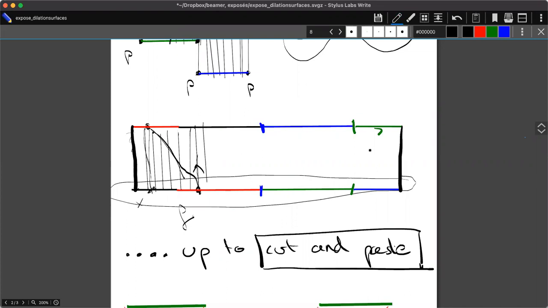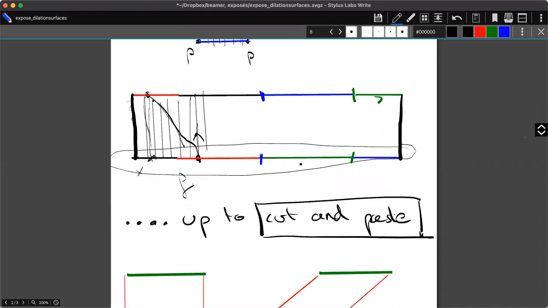You can recover the dynamical properties of the affine interval exchange by just taking cross sections of the foliations that you naturally have on dilation surfaces, and looking at the first return map, which is actually an affine interval exchange. So you have this kind of dictionary between dynamics and geometry, and now we work more on the geometric side of this.